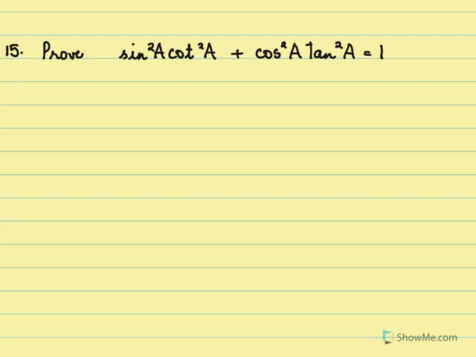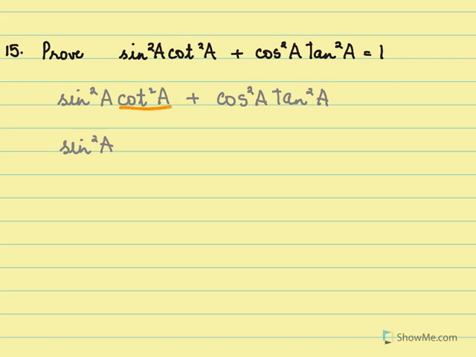So here we need to prove our left hand side equal to the right hand side. Let us start with the left hand side. Sin square A cot square A plus cos square A tan square A. So for sine square A, I write it as sine square A. Now for cot square A, do you recollect what is cot square A?